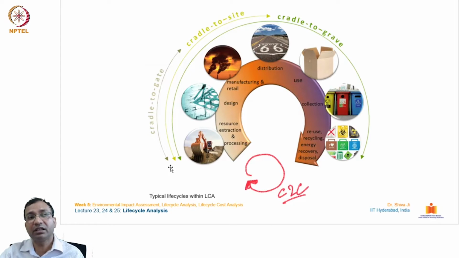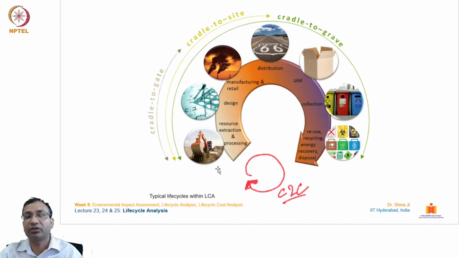If you see, from the source till manufacturing, it is known as cradle to gate. The cradle is the elemental level from where we start to source these materials. For example, if it is a mineral ore, then the ore is the cradle of the metal which we are going to extract.